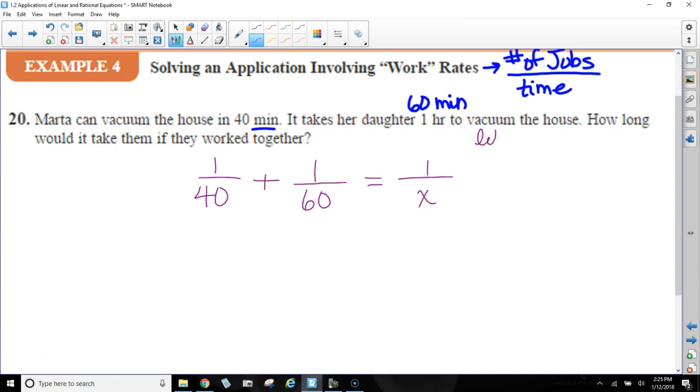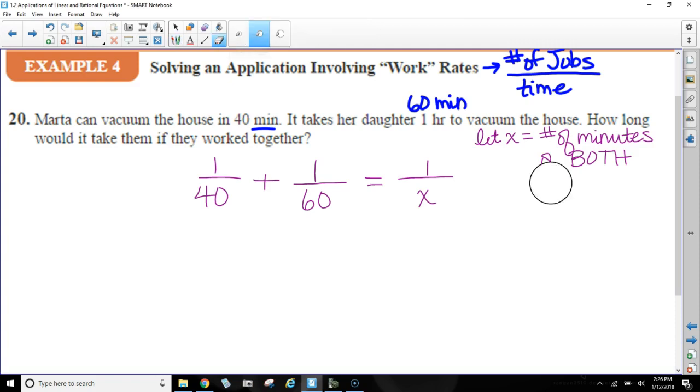So let's remind ourselves that x is the number of minutes that it takes to vacuum the house when both work together. I'll just write number of minutes for both of those working together.